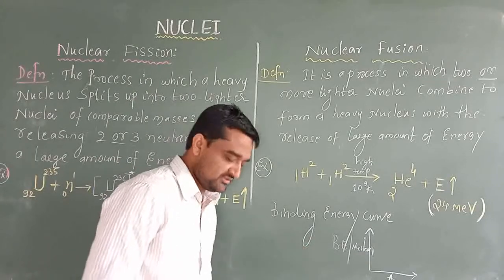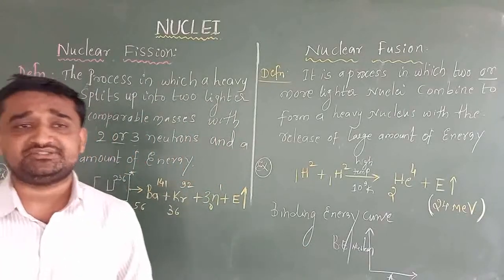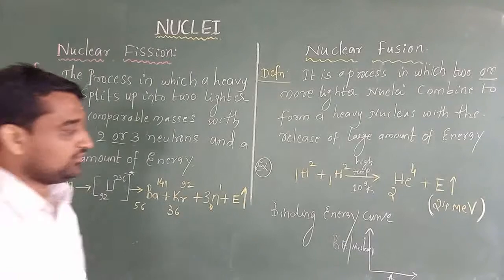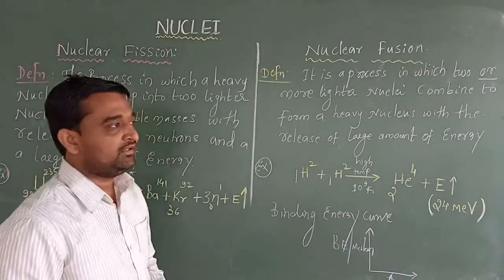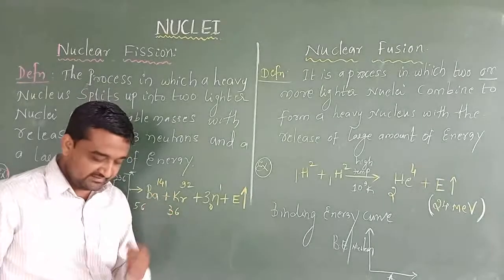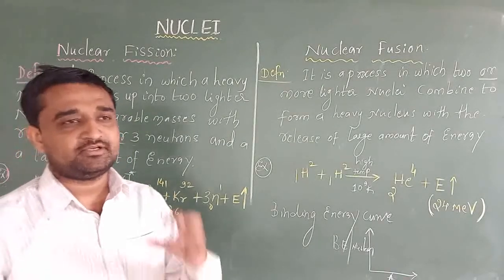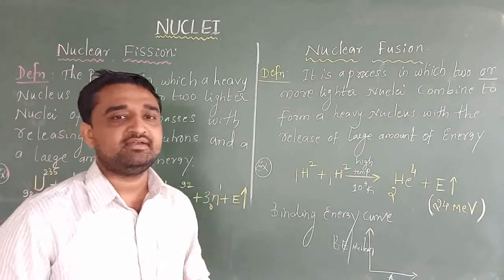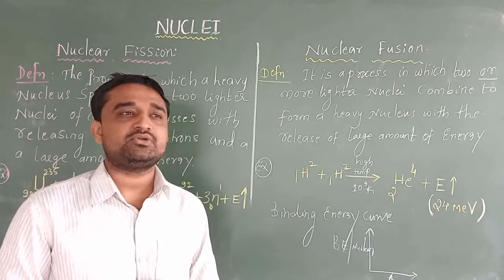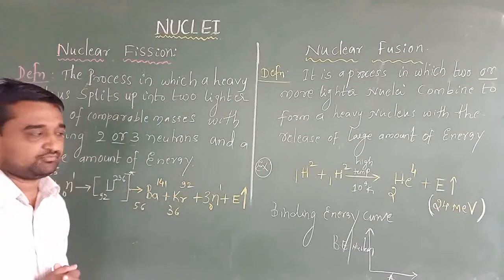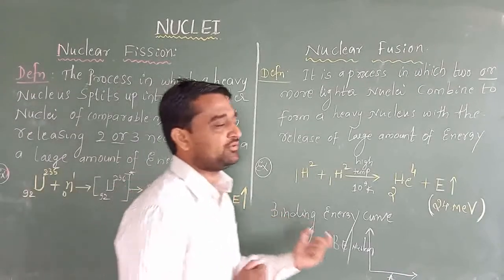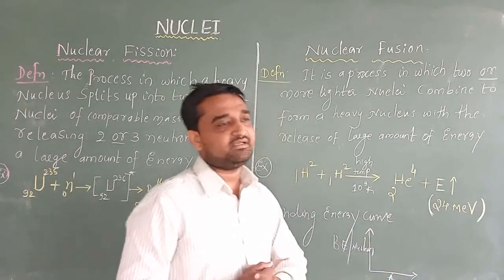So what is the importance of the binding energy per nucleon versus atomic mass number curve? You all know that the nucleus with more binding energy per nucleon is more stable. The higher the value of binding energy per nucleon, the more stable is the nucleus.